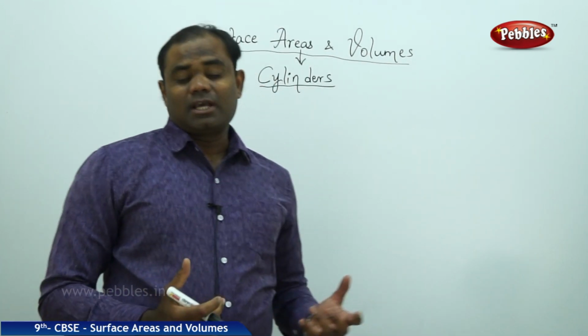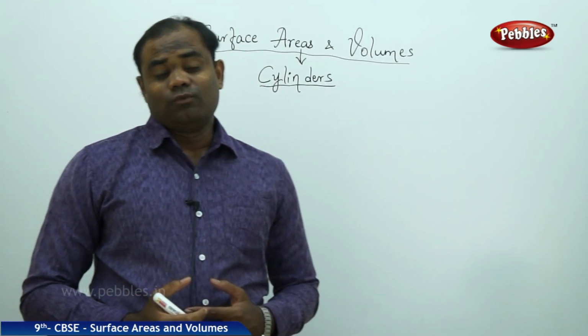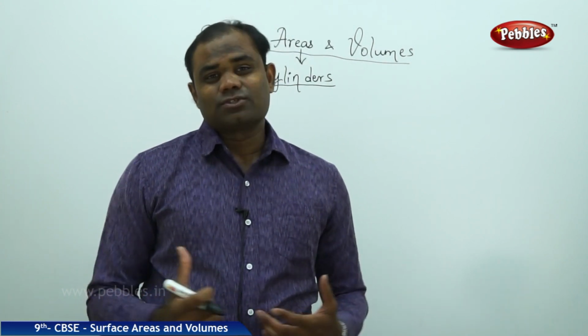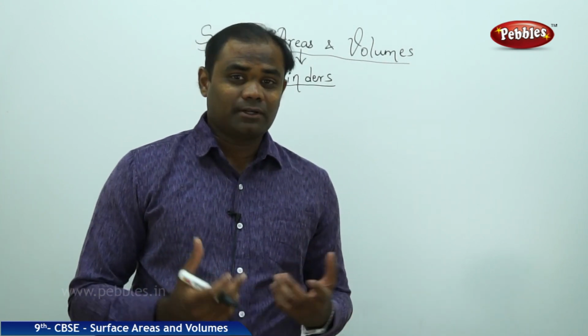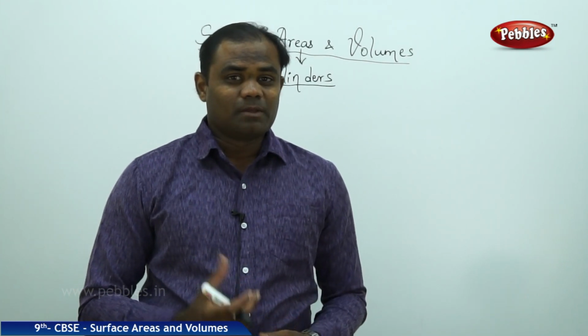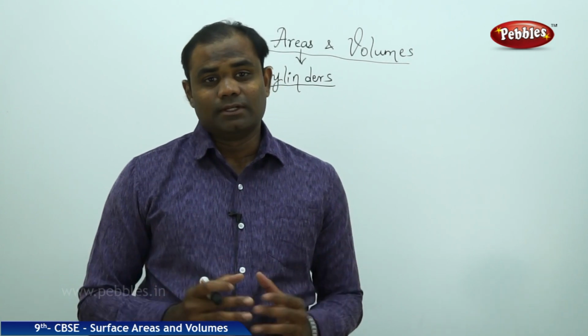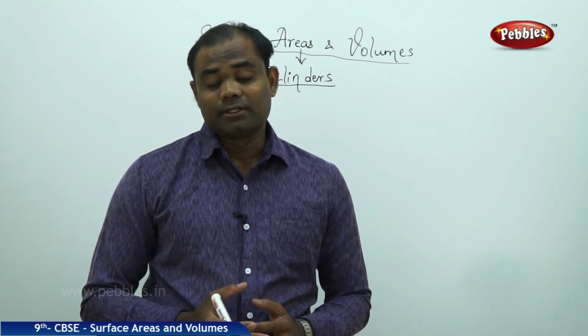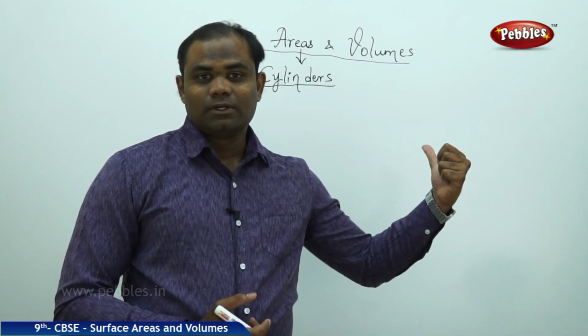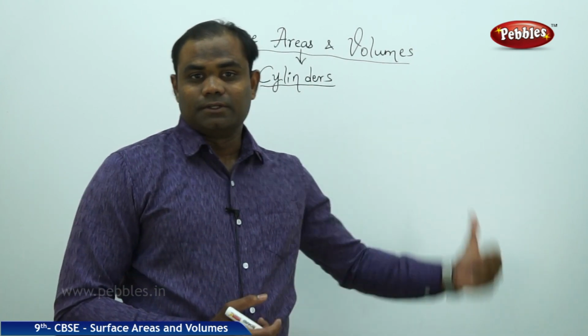This session is about understanding what a right circular cylinder is. Now that we have understood the cylinder to be constructed from a set of circles, let's now try to understand the most important part of the cylinder, which is called the right circular cylinder in mathematics. This session is about the right circular cylinder.